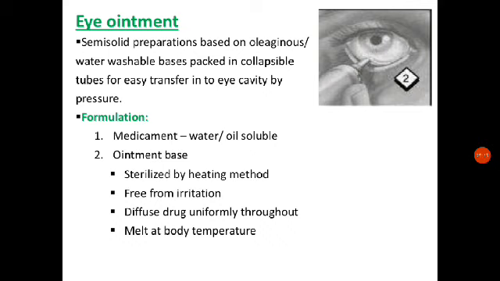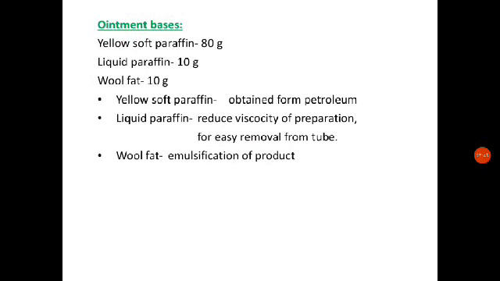So bases should have the ideal properties like free from irritation. It should melt at body temperature and can be easily sterilized by heating, etc. So a commonly used ointment base is composed of yellow soft paraffin, liquid paraffin, and wool fat, etc.